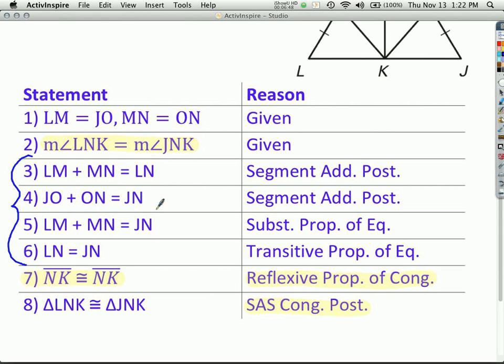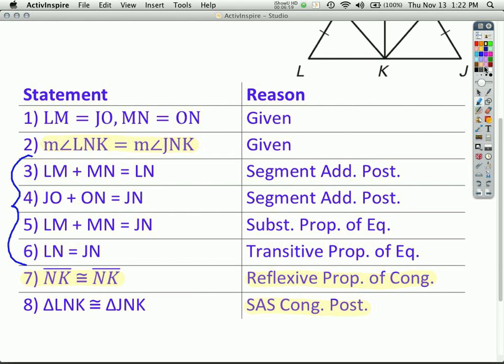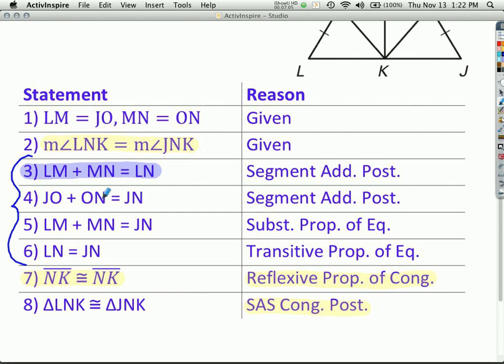It is not until you take this given information and substitute here that now you end up with statements 3 and 5. So if you look at statement 3, I changed statement 4 into statement 5 using substitution and using this information here.